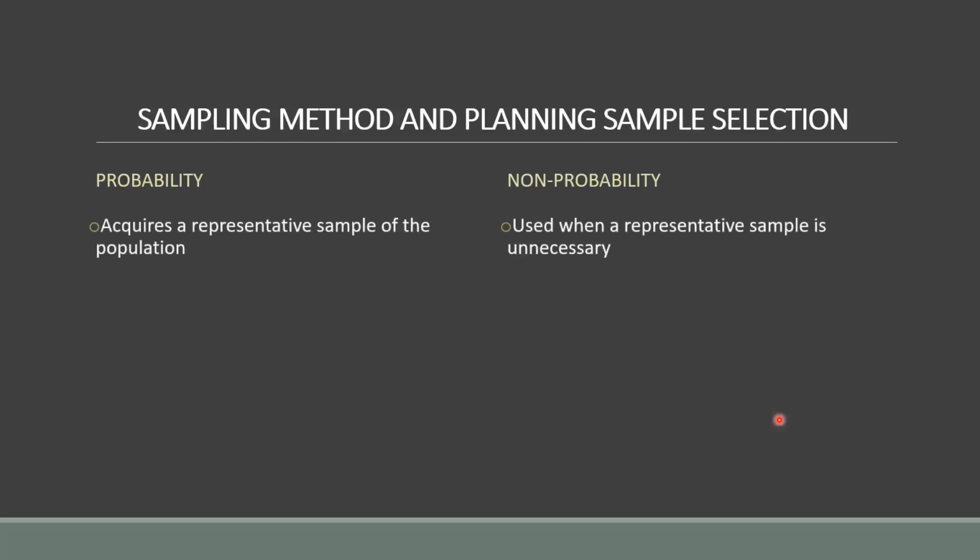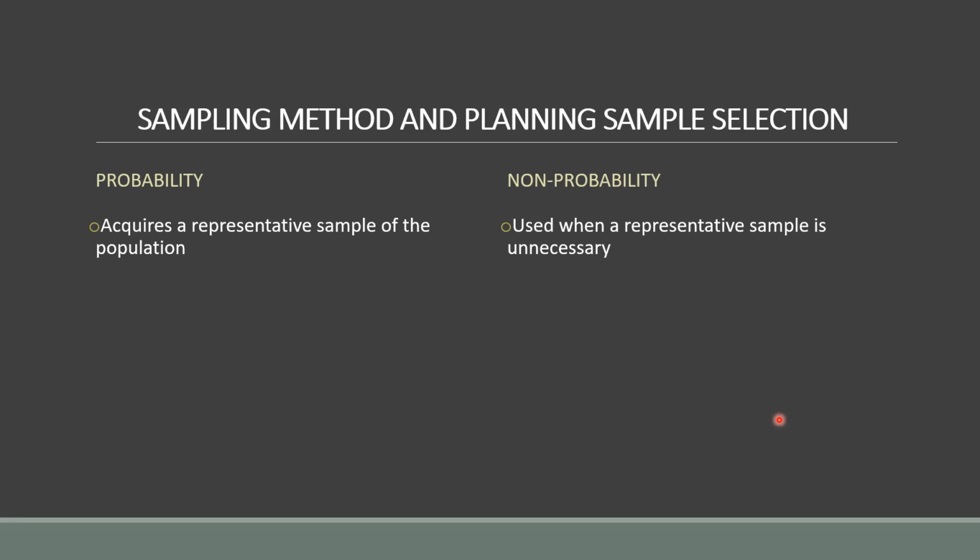For probability sampling, we acquire a representative sample of our population. But for non-probability, if we contrast it with probability sampling, it is not necessary that we obtain a representative sample from our population.